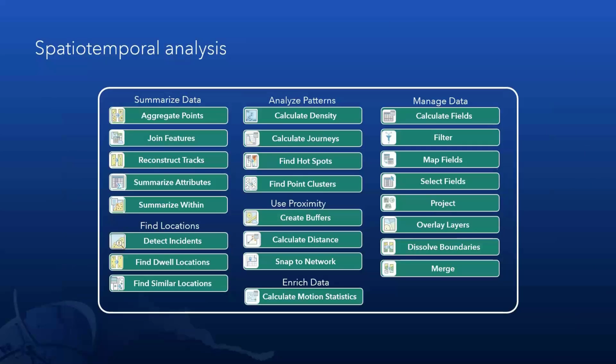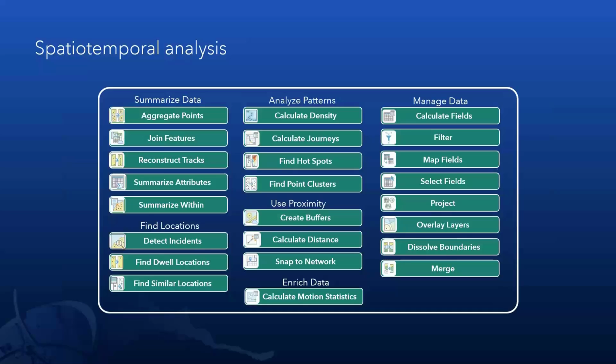The kinds of analysis that we can run include what we call spatial temporal analysis, meaning space and time analysis. We can aggregate data. We can bring together tracks, so discrete observations can be combined into a track. We can summarize attributes. We can count things within objects. We can find locations. So things in the find locations category would be useful for activity like pattern of life analysis, like Armando was talking about.